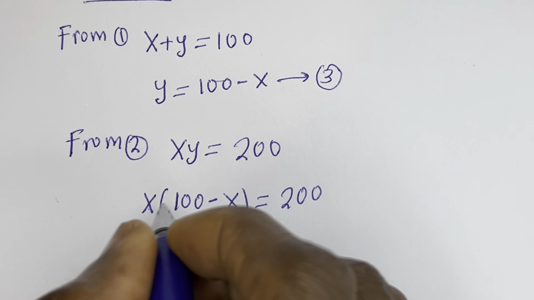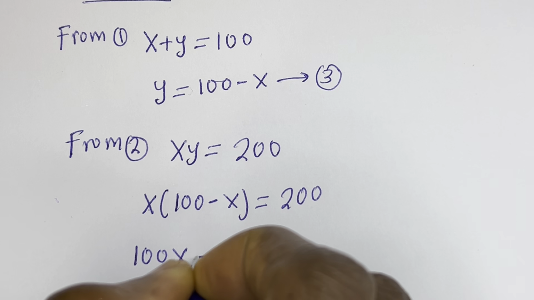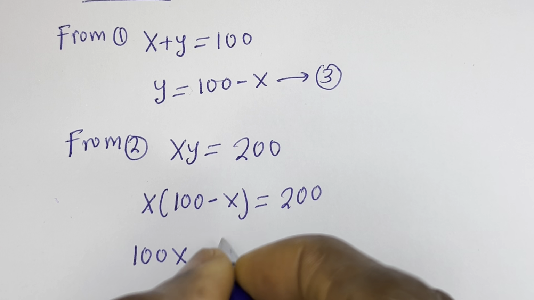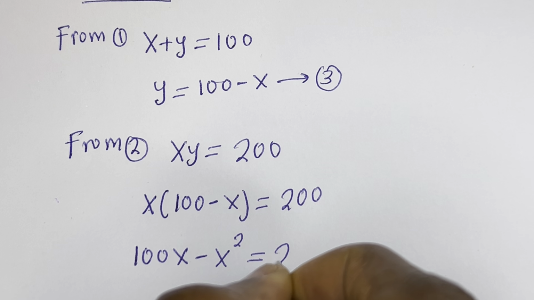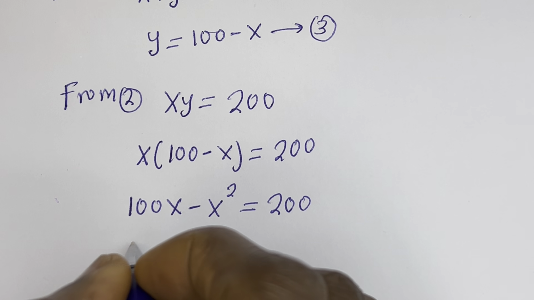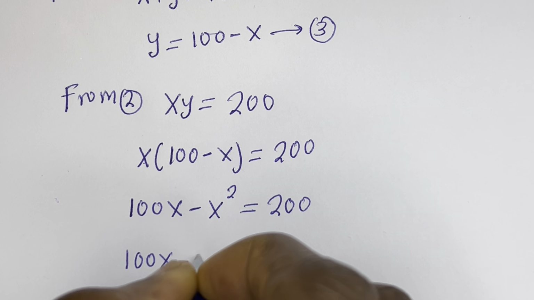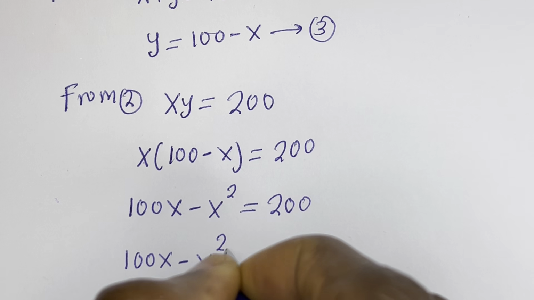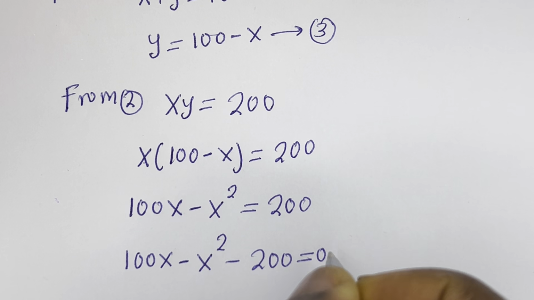Then we have x multiplied by 100. This is 100x minus x multiplied by x, x square is equal to 200. And this is 100x minus x square minus 200 is equal to 0.